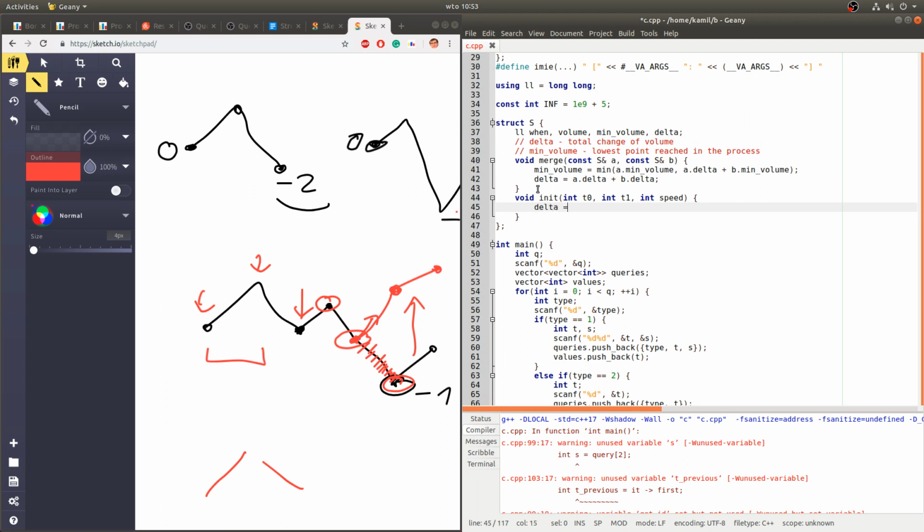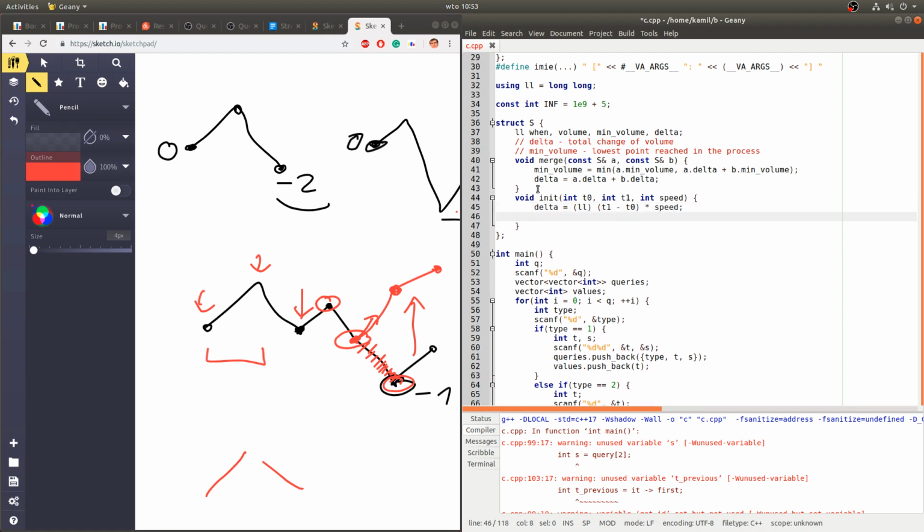Then delta will be casted to long t1 minus t0 times speed. Min volume will be min of 0, that is in the first point, and delta. So if a segment looks like that, I say that here we have a minimum, and if it's increasing, then the minimum is here at 0.